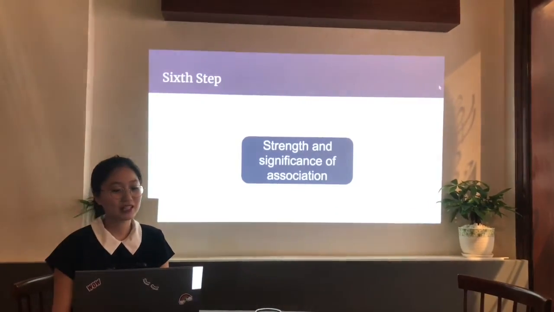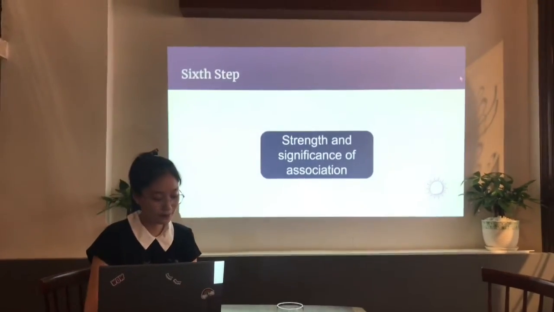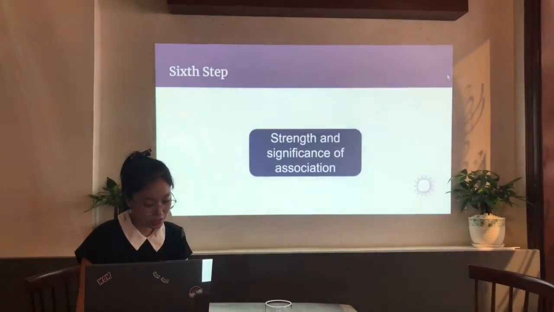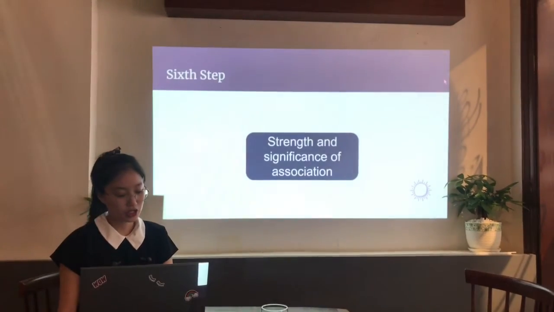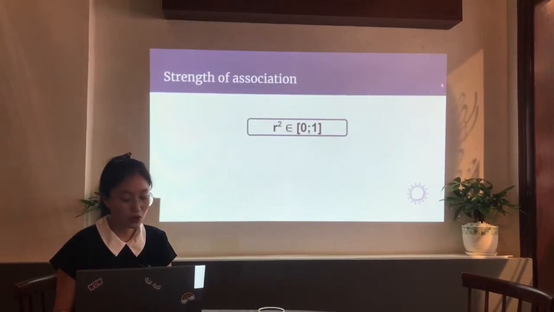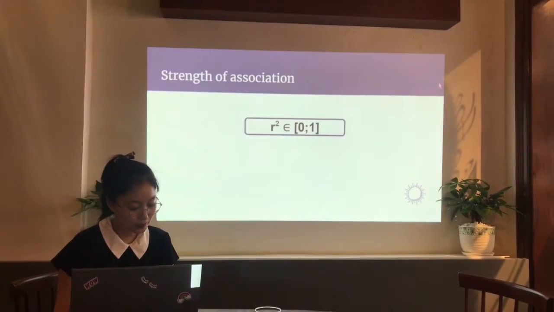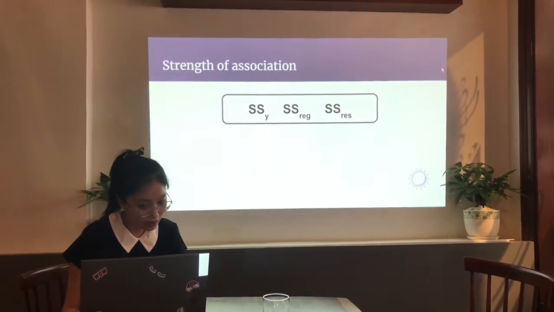And now let's jump into the sixth step, which is strength and significance of association. The strength of association is measured by the coefficient of determination, which is R squared. R squared varies from 0 to 1. And we'll have the formula.